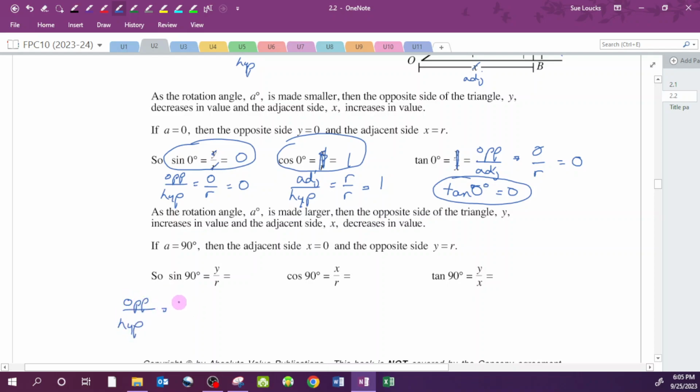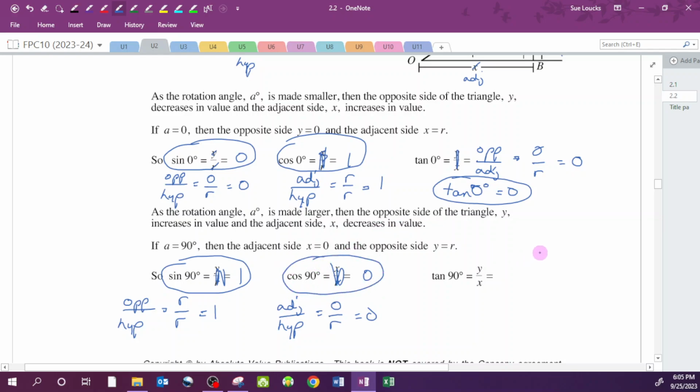The opposite has become r, and the hypotenuse is r, so that equals 1. So sine of 90 equals 1. And the cosine is the adjacent over the hypotenuse, and the adjacent is going to become 0. It's going to be 0 over r, which is 0. So cosine of 90 is 0.